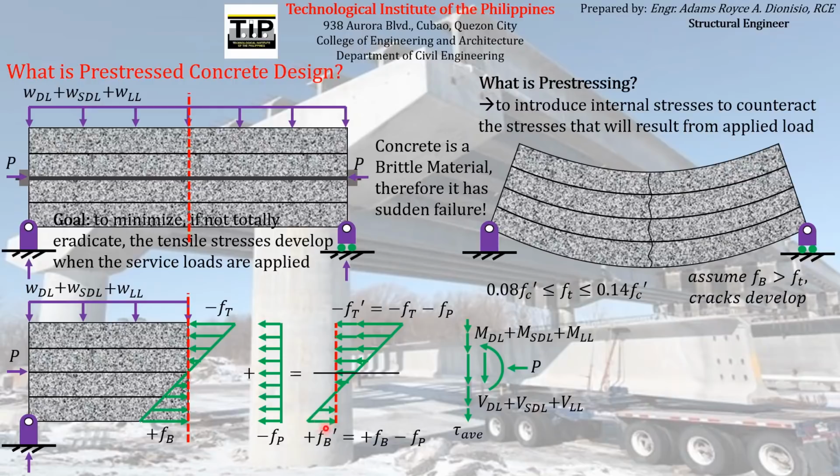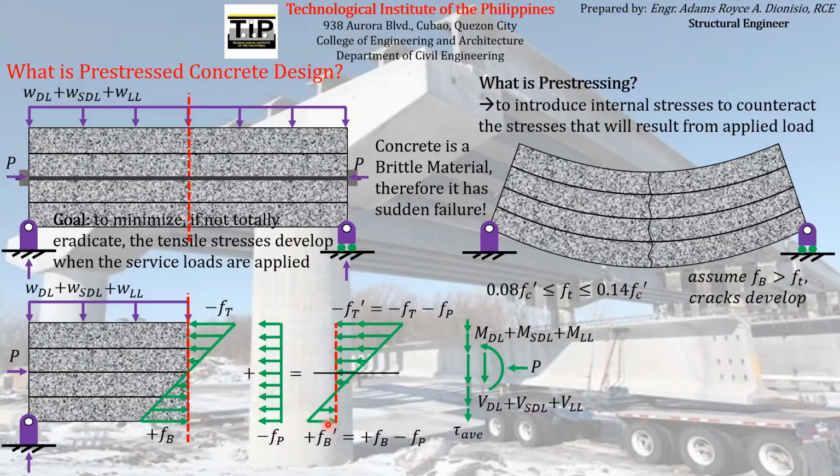Obviously, if we compare this magnitude with the original flexural stress at the bottom fiber before the addition of pre-stressing reinforcement, this tensile stress is less than the tensile stress acting at the bottom of the concrete beam before the addition of the pre-stressing reinforcement.